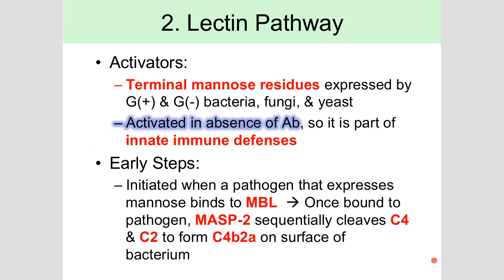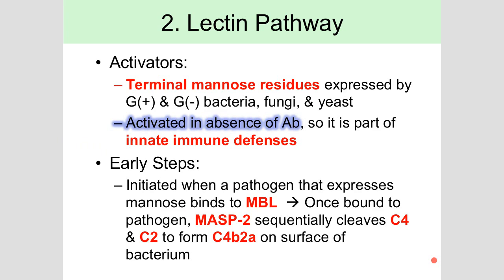So technically, it's a part of pure innate immune defense, but I said these are arbitrary definitions that we have for innate and adaptive. In the real picture, things get a little bit confused or kind of overlapped. So what's happening is that those pathogens that express the mannose bind to mannan binding lectin.